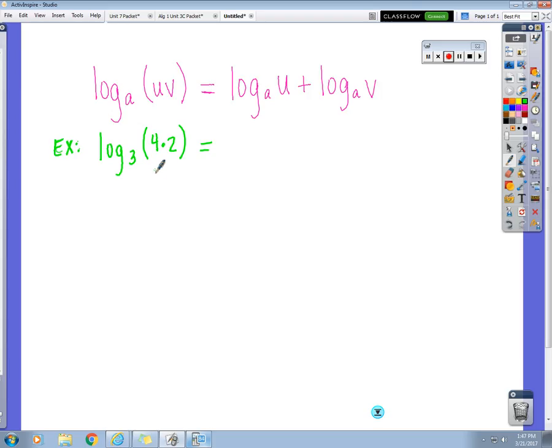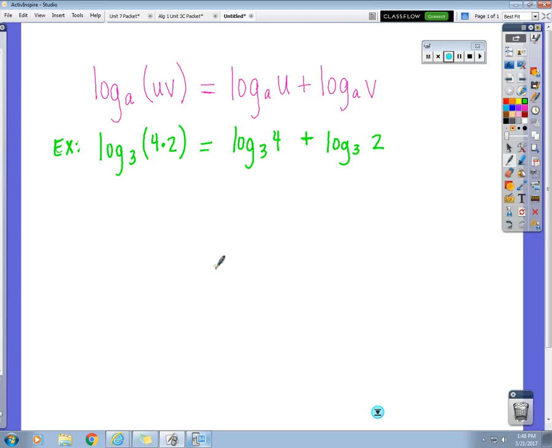If you're asked to expand it, you would write log base 3 of 4 plus log base 3 of 2. You have to write the word log twice, once to represent the 4 and another time to represent the 2, and then both of them are base 3. Since it was multiplication in condensed form and expanded form, you add them.